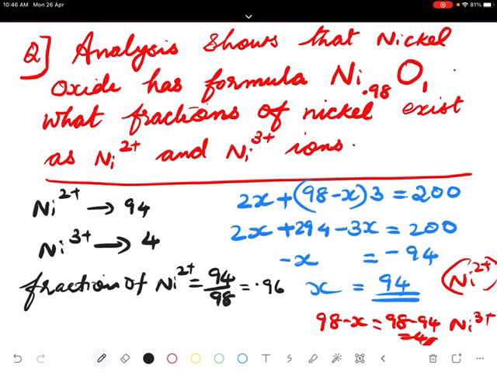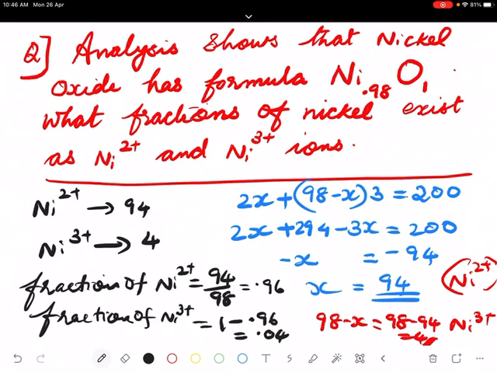All right. What is the fraction of Ni3 plus then? Fraction of Ni3 plus, that is 1 minus this value, 1 minus 0.96, that is 0.04. Ni2 plus fraction is 0.96, Ni3 plus fraction is 0.04.